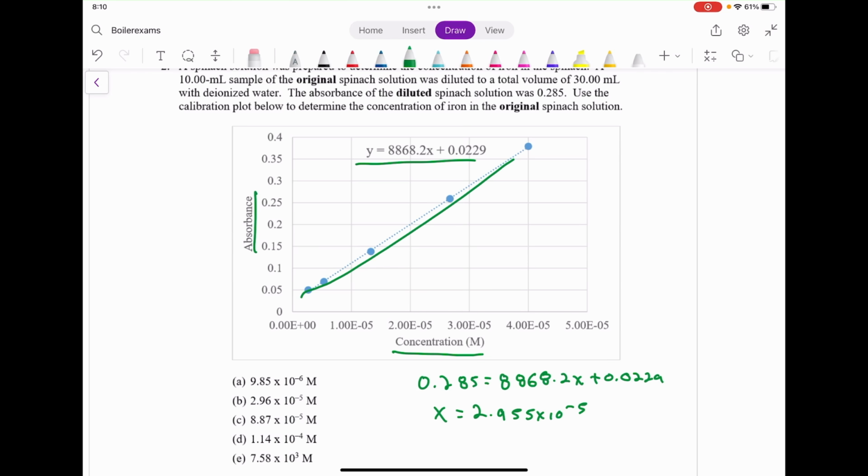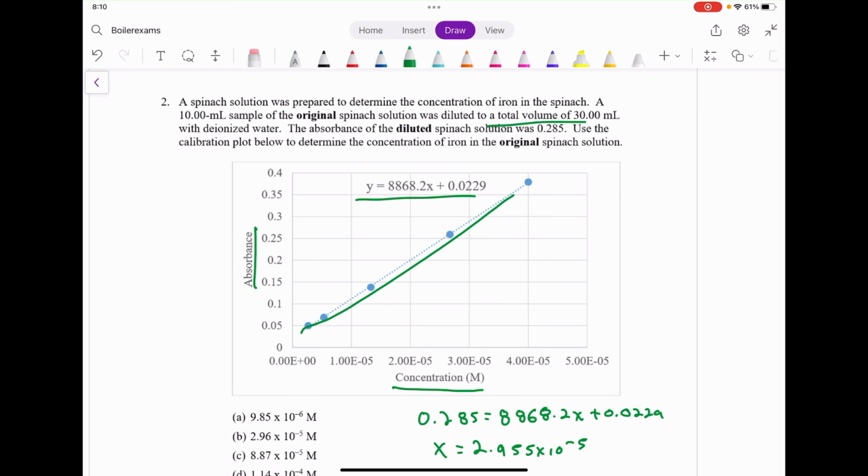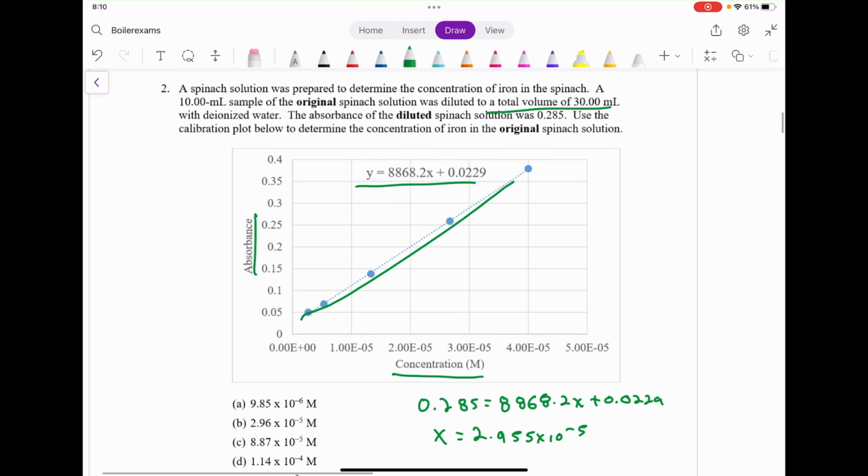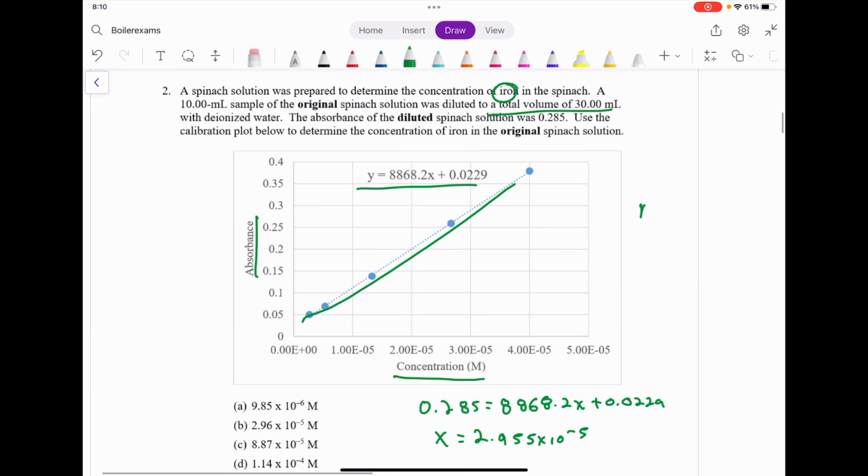Now, this is the concentration of the diluted sample, and they want the one of the original. However many moles of iron were in the original sample, it's the same as that in the diluted sample, since concentration is moles per liter. But the volume was multiplied by 1/3.